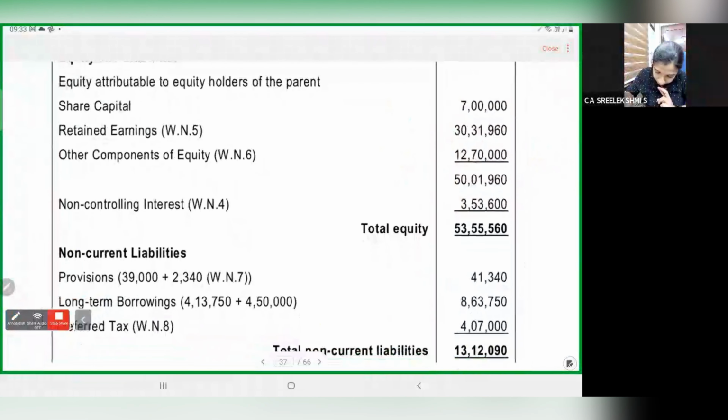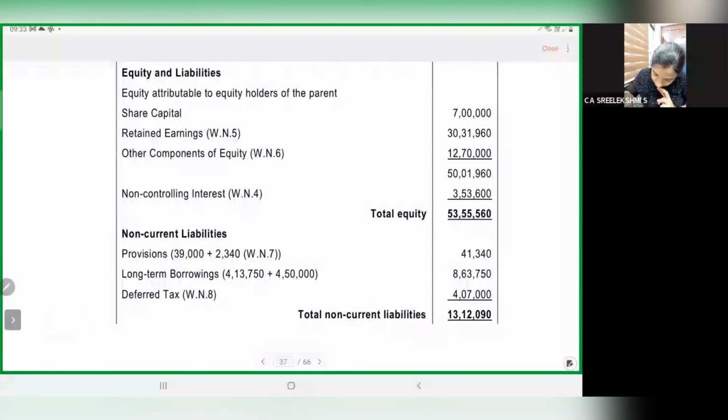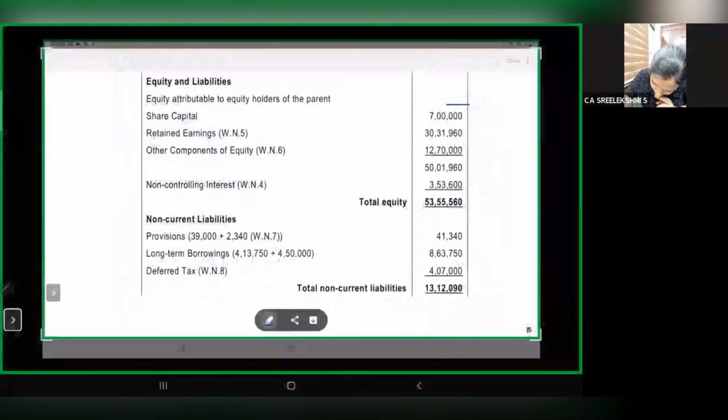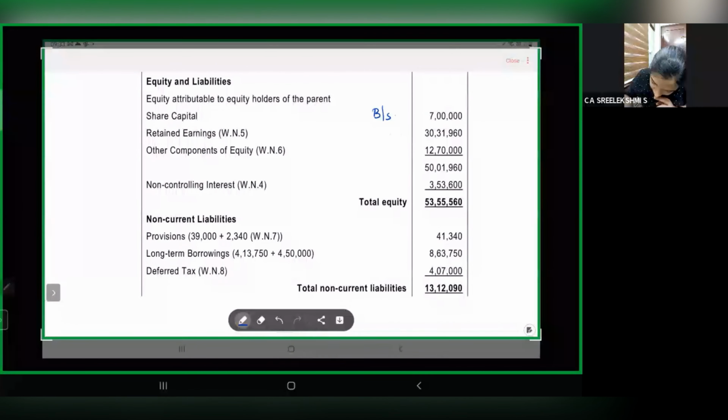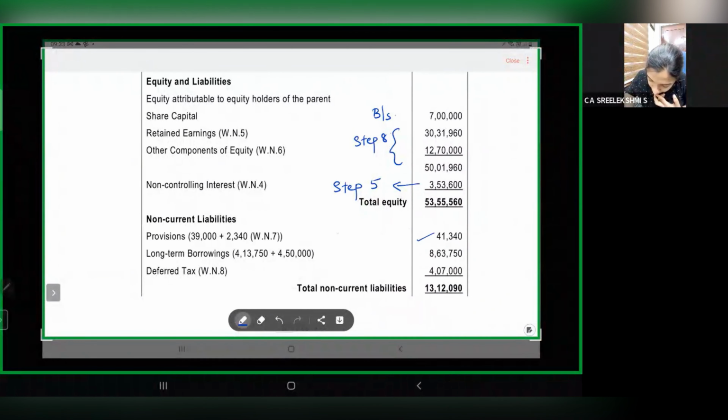These figures we took directly from the balance sheet. This is from step number 8, and this from step number 5. Provision: there is a non-current provision of 41.34, which is 39,000 plus unwinding.